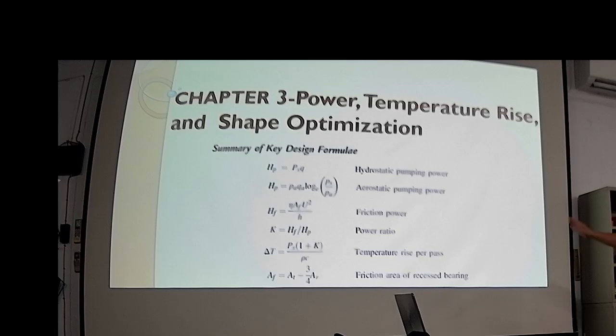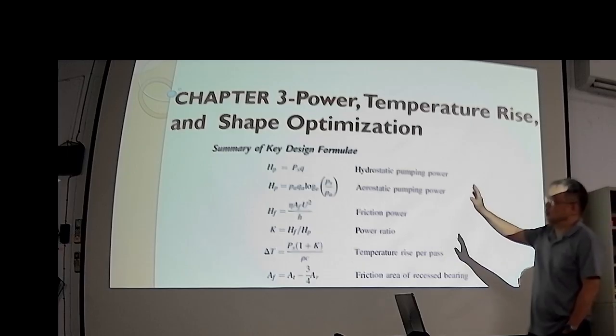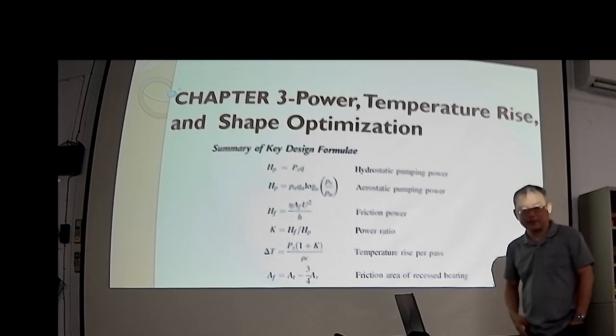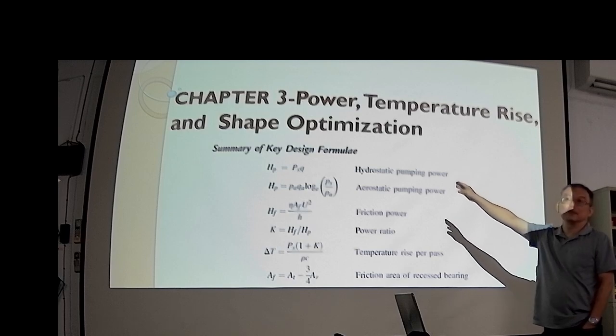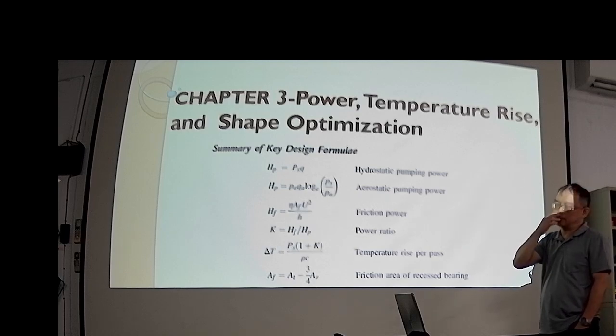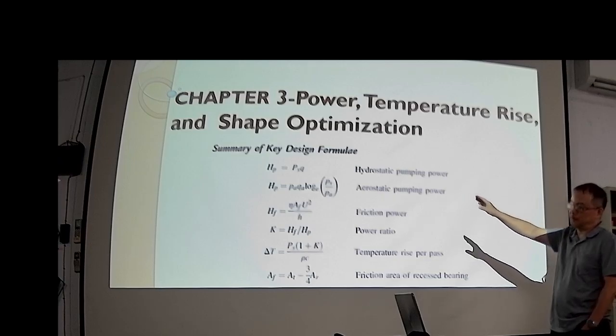Also, in this chapter, we will define the bearing, low speed or high speed bearing. Okay? We are using some index to define. And also, we will introduce the concept of the bearing shape, the shape of the bearing.